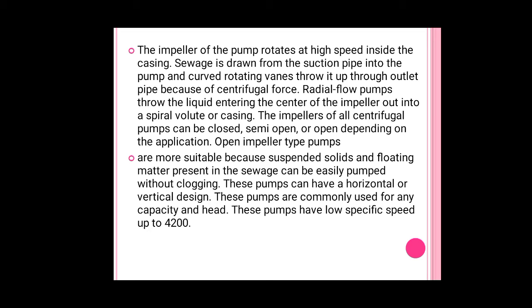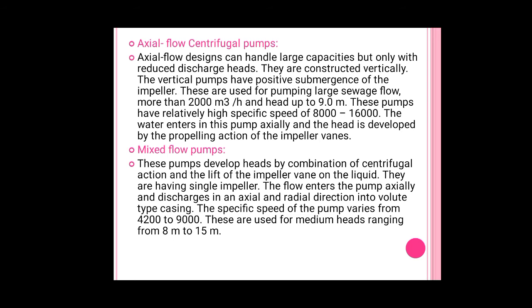These pumps can have horizontal or vertical designs. These pumps are commonly used for any capacity of head. These pumps have a low specific speed up to 4200. Then next is the axial flow centrifugal pump. In this design, large capacities can be handled but only with reduced discharge heads. They are constructed vertically.